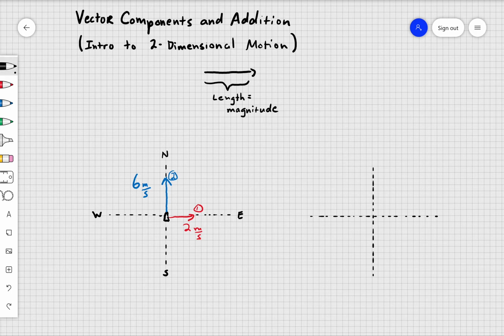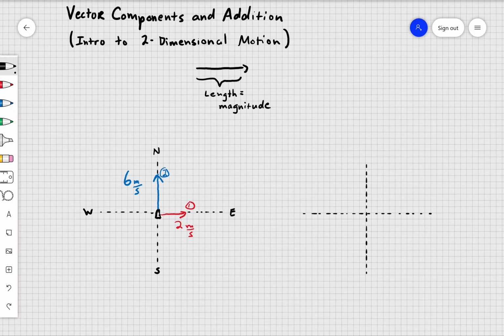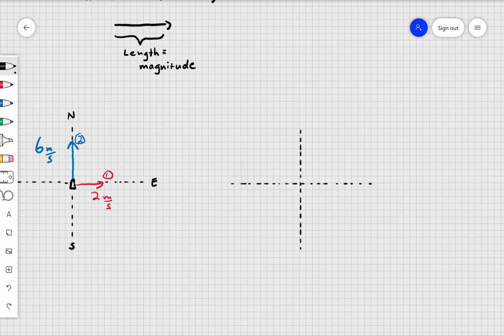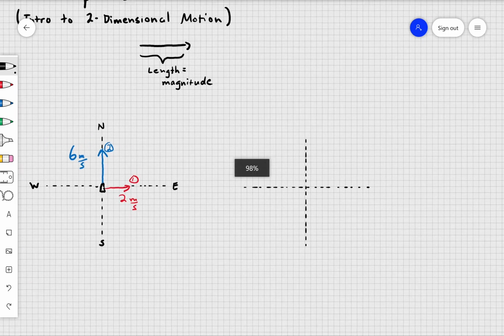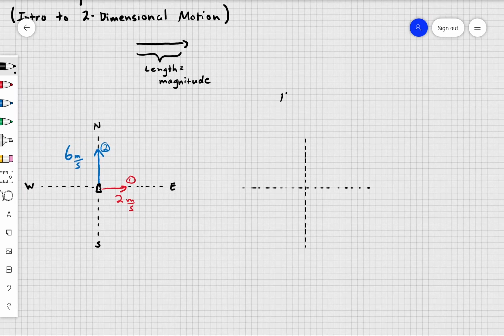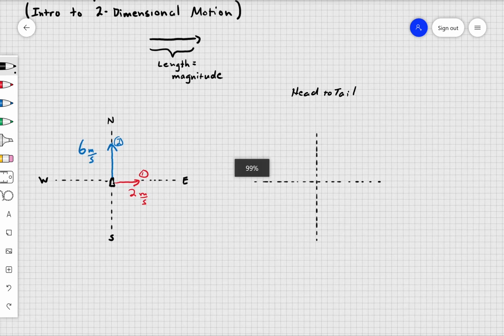So that would be necessary for this. And then the way that we add these vectors graphically is with the head-to-tail method, or there is a parallelogram method, which hopefully will become obvious as we work through these.